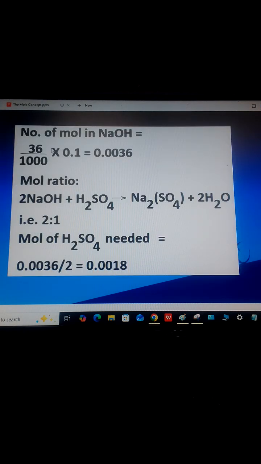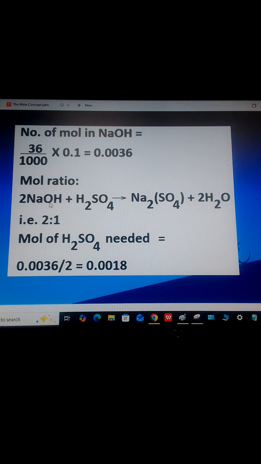The number of moles is equal to the volume used in liters, so you divide by 1,000, multiply by the molarity of sodium hydroxide, and you get the number of moles. So that's 36 over 1,000 times 0.1. You get 0.0036 moles.